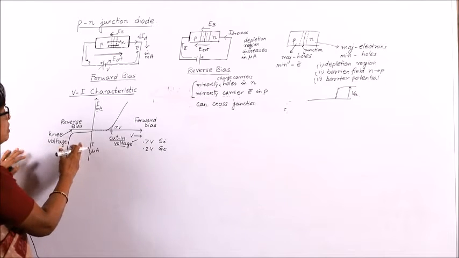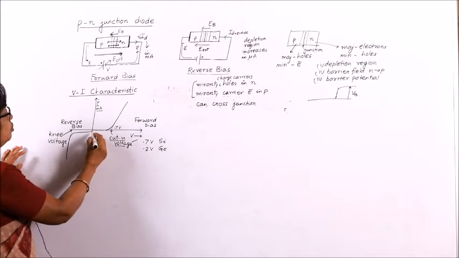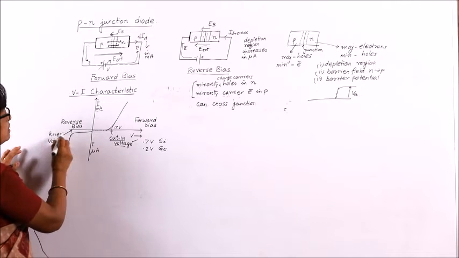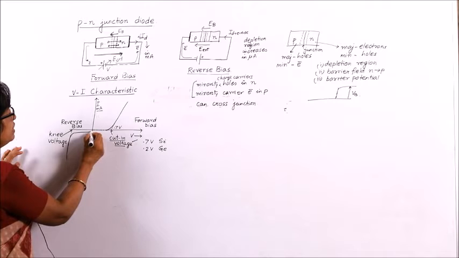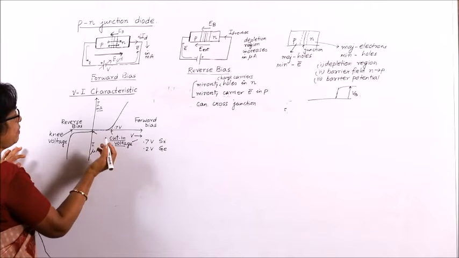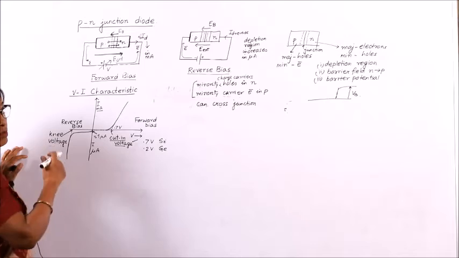I have drawn the reverse bias graph on the same graph. When the voltage is increased in the opposite direction, that is why I have taken it on the left side. When the negative bias is increased, the current remains very small, nearly 1 microampere of that order.